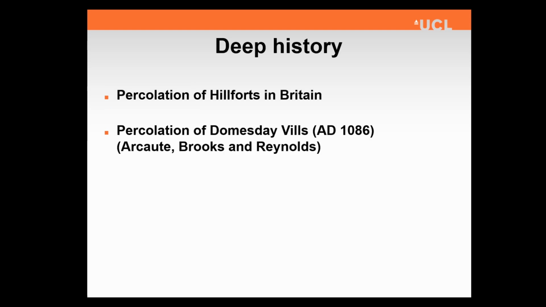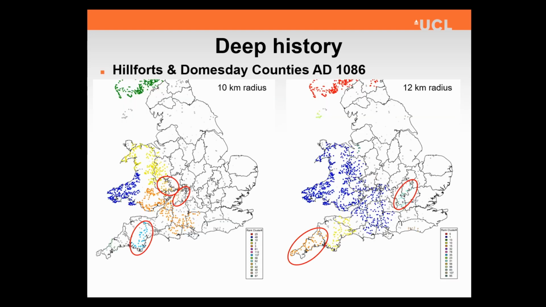If we go to some deep history now, there are two case studies I'm looking at. One of them is the hill forts, and the other one is Domesday vills in Britain. So looking at some clusters here of hill forts, and this is at a 10-kilometre radius, and these are overlaid on the county boundaries that were defined in the Domesday Survey of 1086.